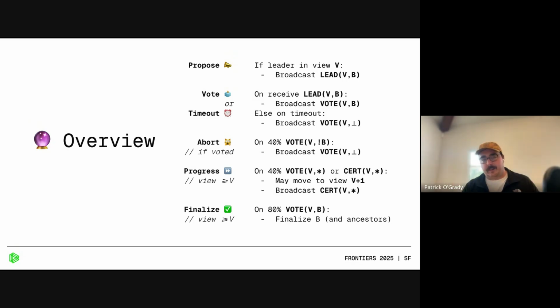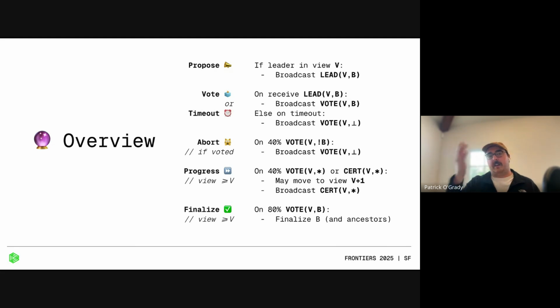So leader, we don't know if they're honest or not, broadcasts a vote for some block. When any participant sees that vote, if they haven't seen a vote before from that leader, they'll vote for that thing. But also, when they enter the view, set a timeout.